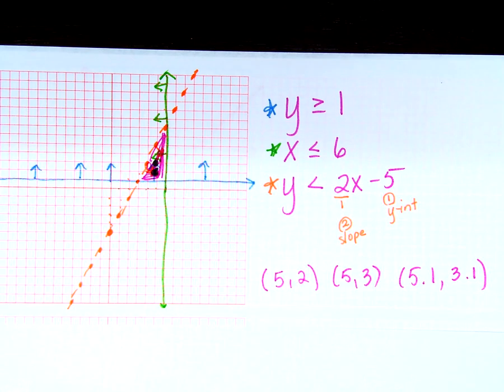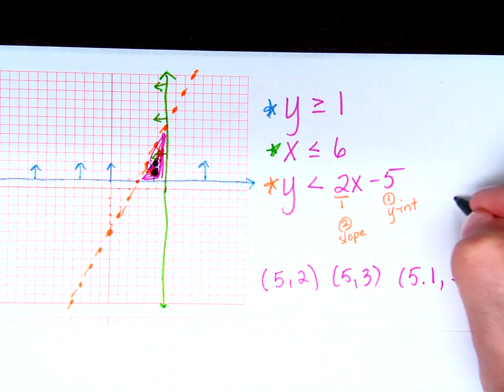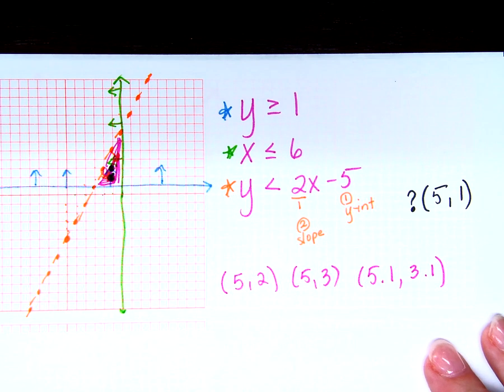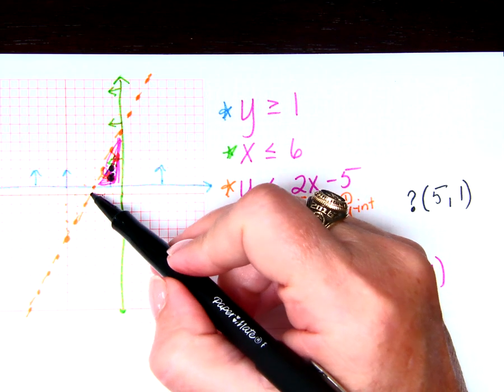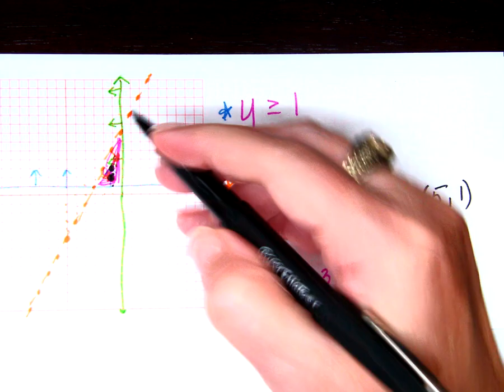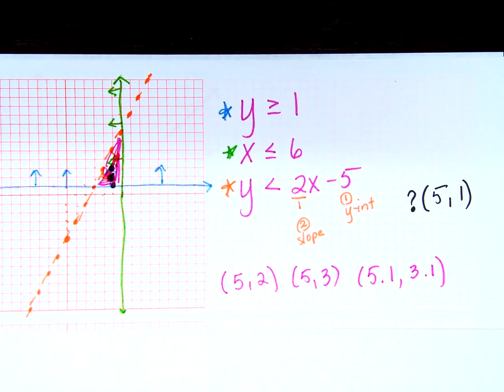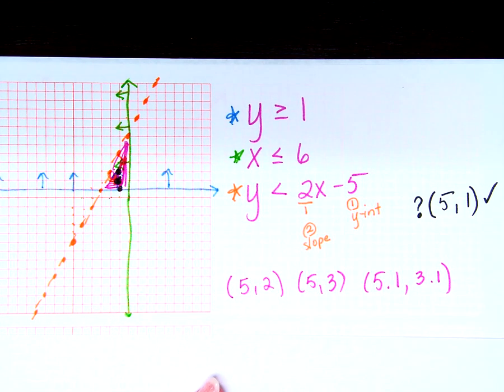Now, let me ask you a question about this one. I'm going to put a question mark by it, okay? What about the point (5, 1)? Yes, because it's on a solid line, right? So, yes, this is a solution.